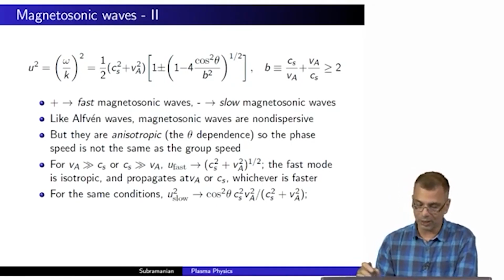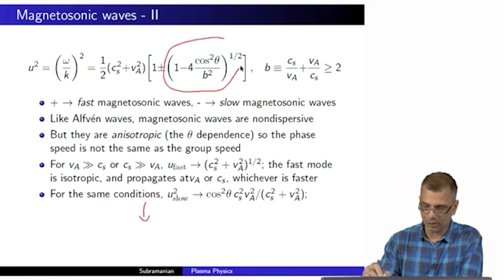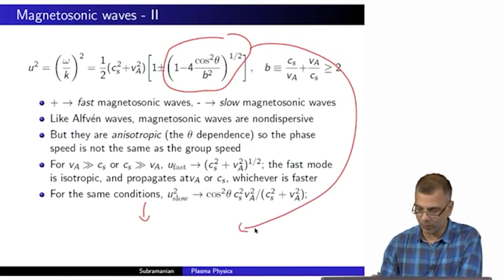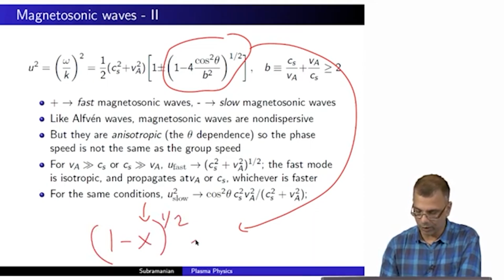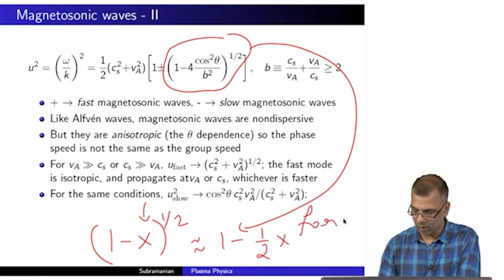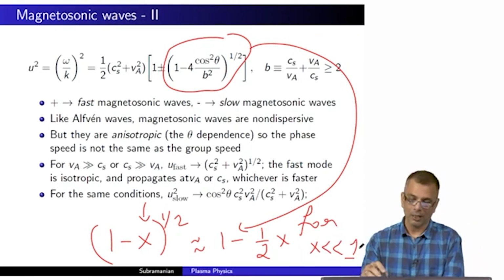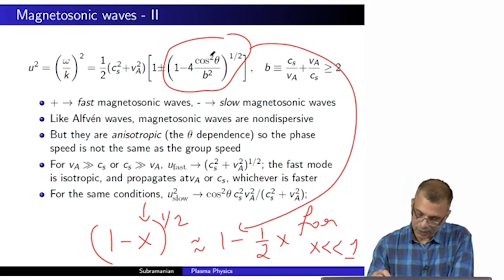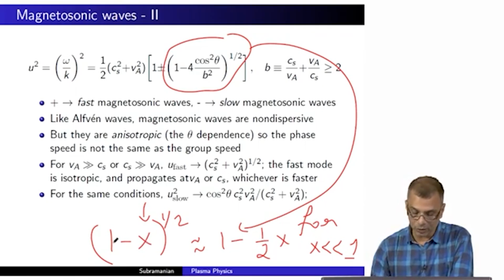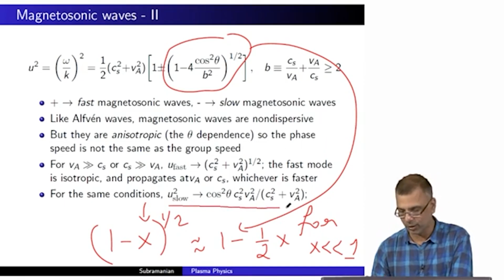What you need to do is, in this case, this entire thing needs to be expanded like 1 minus x raised to 1/2 is approximately equal to 1 minus 1/2 x for x much less than 1. It's kind of a binomial expansion. Okay. So you see, the second term is very small in comparison to 1. So that would represent x, right? And so you expand 1 minus x raised to 1/2 and you get this, and from that you arrive at this expression for the slow magnetosonic speed.